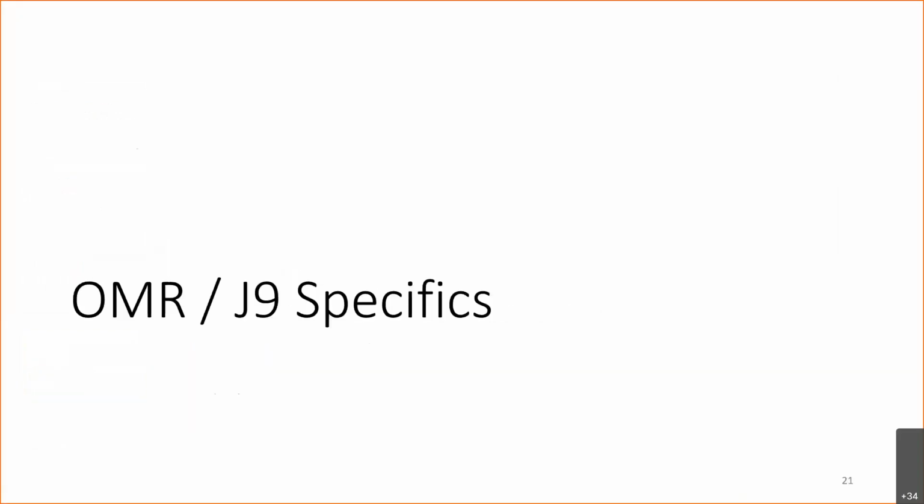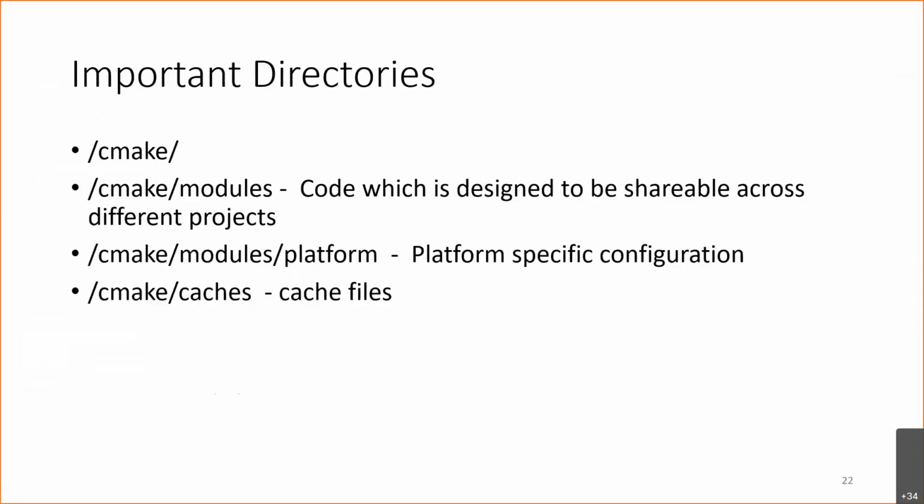Getting on to some of the OMR and J9 specific components that we've got. First, an overview of our important directories. This part is for OMR, but the J9 stuff is structured largely the same. At the top level, you've got cmake, which is all our various CMake bits that aren't CMakeLists.txt.